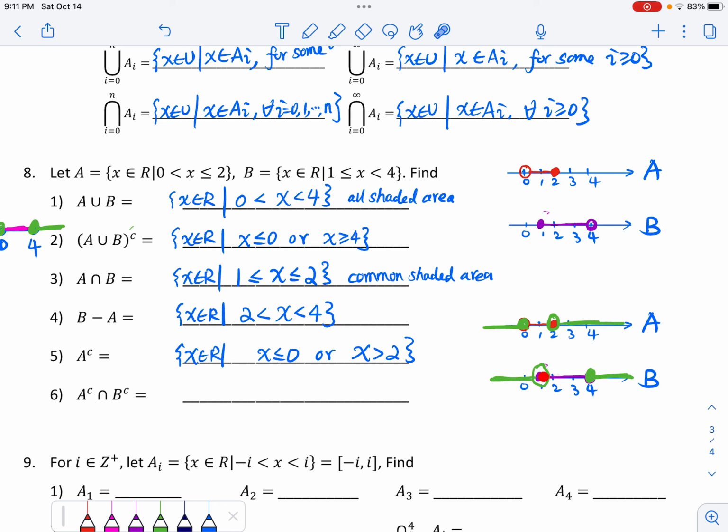That's the complement of B. Let's try to find the common shaded area. These are all shaded at the same time, and here these are all shaded at the same time. So therefore I know that it will be X less than or equal to 0, or X greater than or equal to 4.